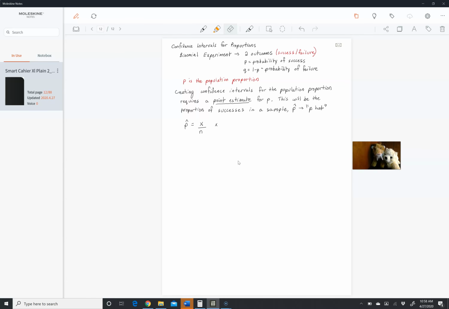X is the number of successes in the sample, and n is the sample size. This is the exact same thing that we had when we were doing the binomial distributions. In the binomial distributions, X represented the number of successes, and N represented the sample size.